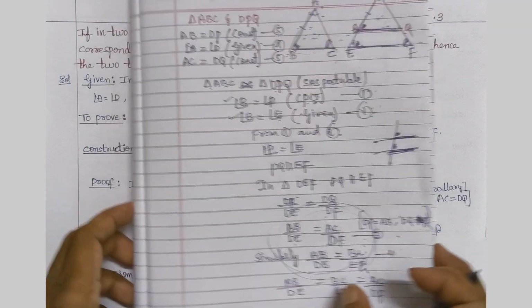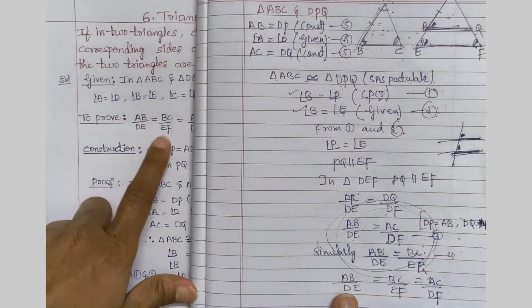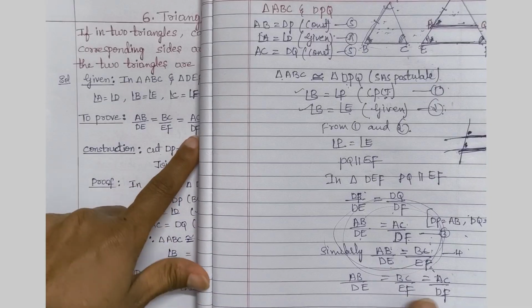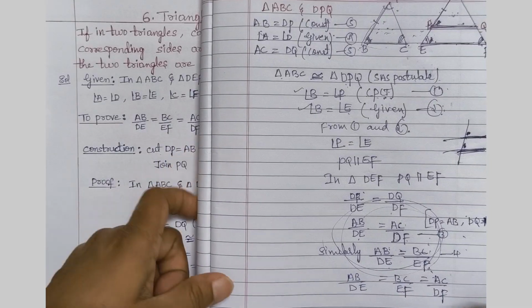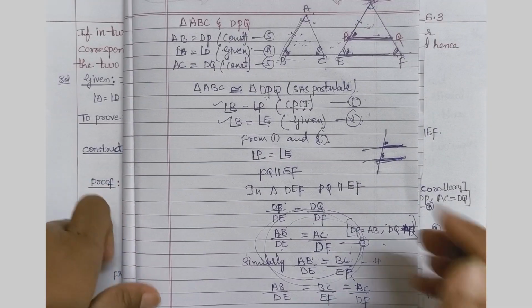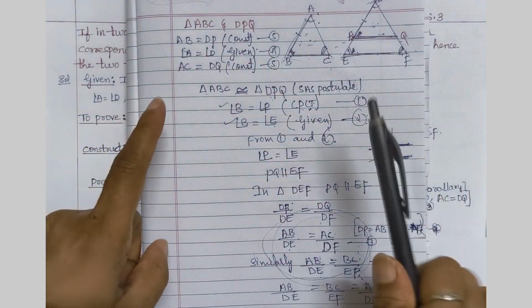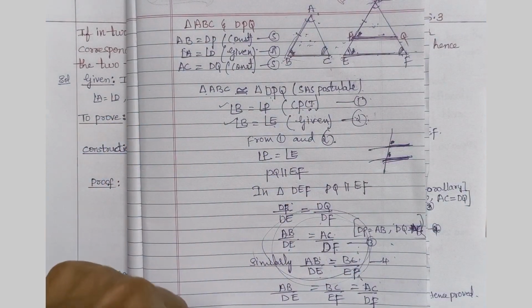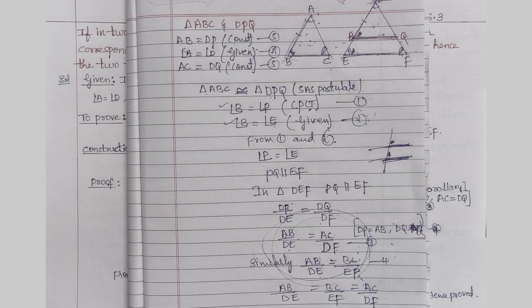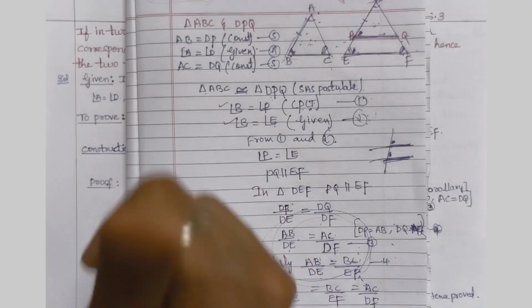Here AB by DE equals BC by EF equals AC by DF. This is the final answer. Sides are proportional, so the triangles are similar. We have proved it. If not understood, watch once again. If you have any doubt, comment it and subscribe to my channel.